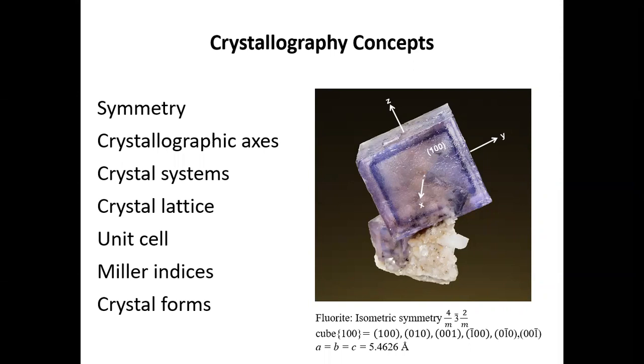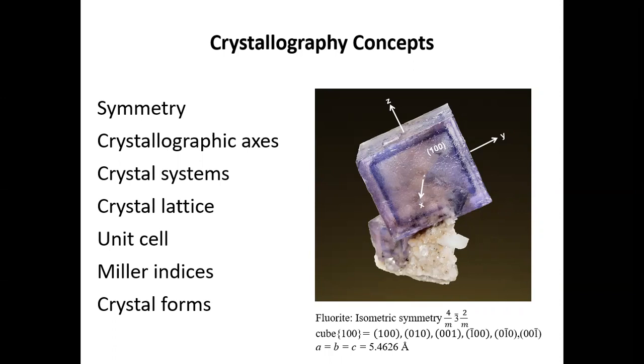This will include the crystallographic axes, oftentimes referred to as X, Y, and Z, or A, B, and C. The crystal systems, isometric through triclinic, which are defined by the presence and absence of certain types of symmetry. The concept of the crystal lattice, a representation of the repetition of the atomic structure.